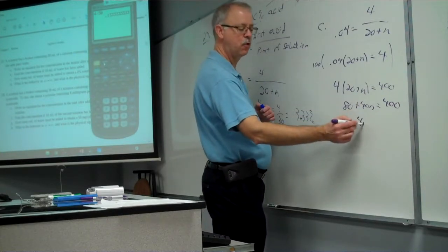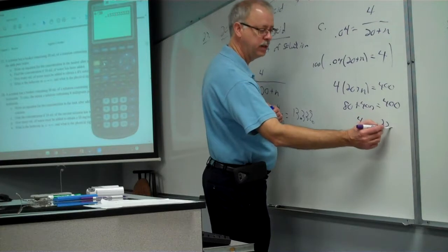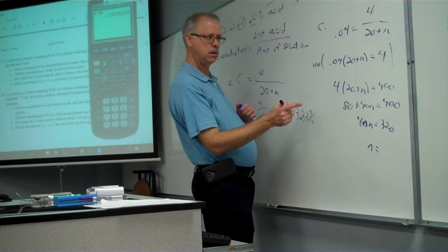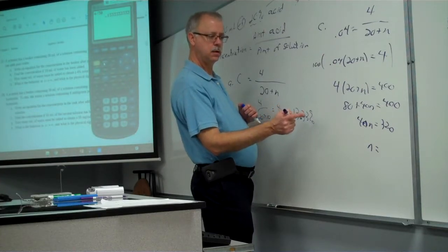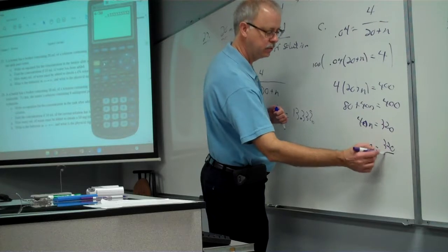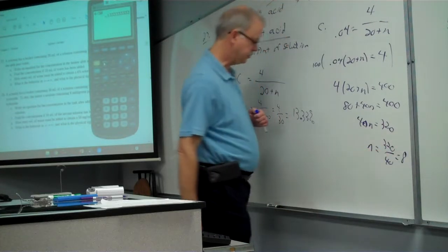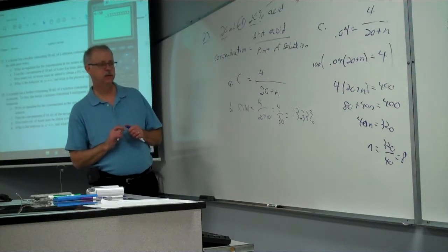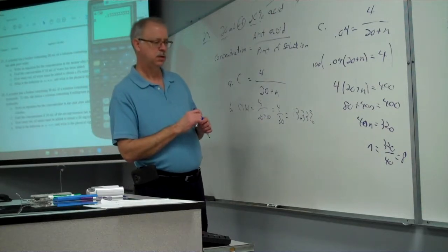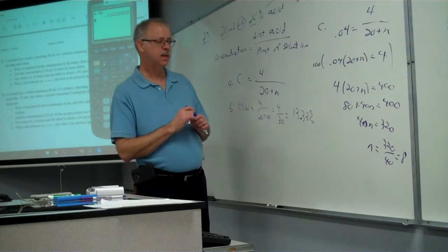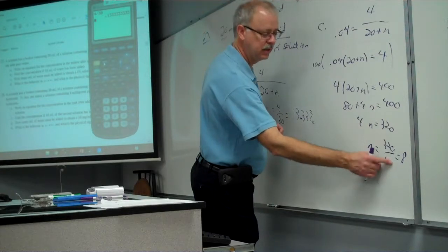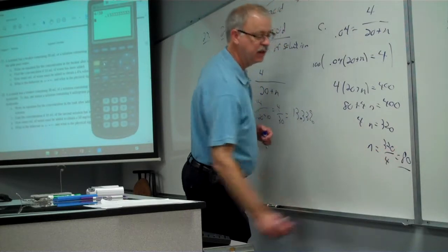Subtract 80 from both sides, 40n equals 320. n equals 8, and 8 here doesn't make sense to me. So somewhere I've got a mistake. It should be 80. Okay, so, but that's still, oh, 4 times n is just 4. So the answer is 80.